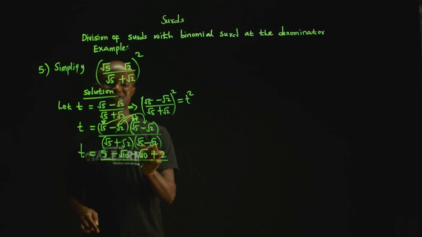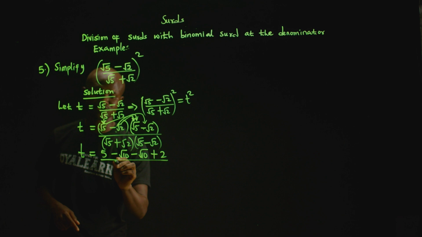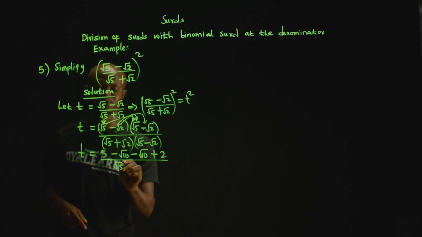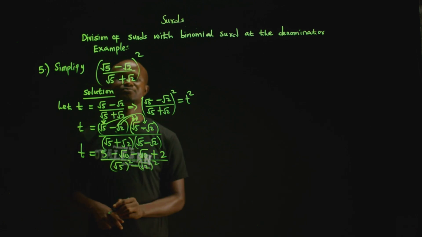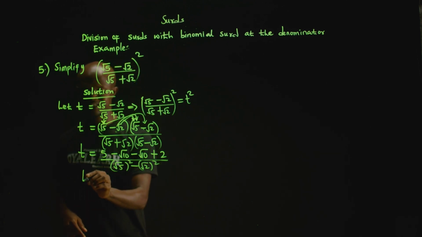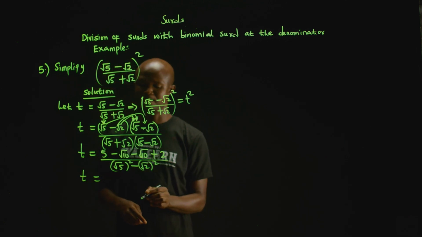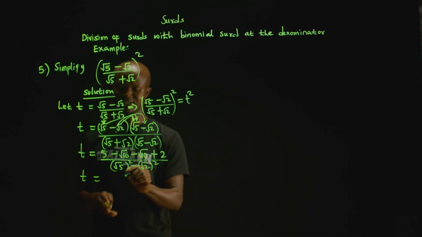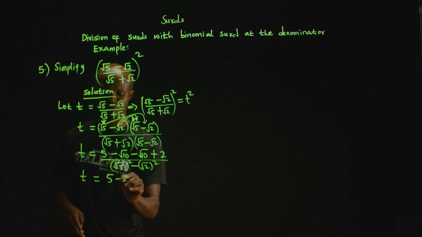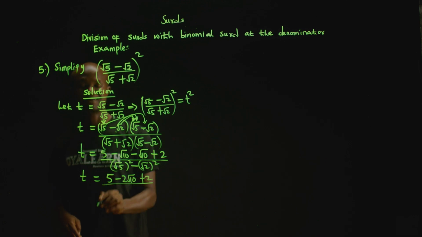Divided by, what are we having? This is a conjugate of this, and this is also a conjugate of this. So in this case, we apply the difference of two squares: (√5)² − (√2)². So t equals 5, and the middle terms are −√10 − √10. How many of these are we having? That will be −2√10. Then plus 2, divided by what?